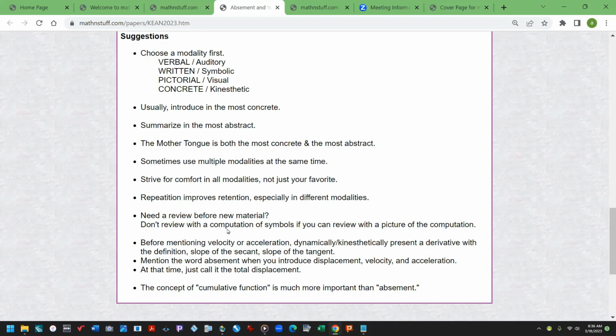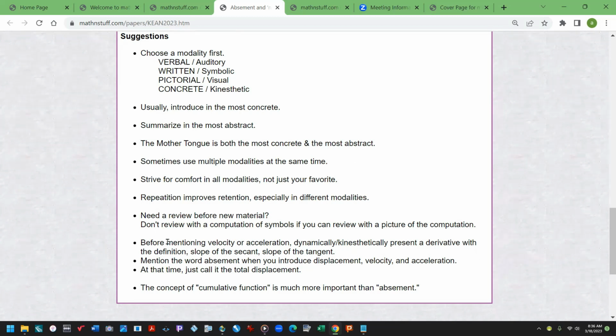If you're going to review, don't just throw computation of symbols at students. Let them see it in a picture, as in you want to show them the work. If you have all the work laying there, ready for viewing, it's easier than if you have to write it out.